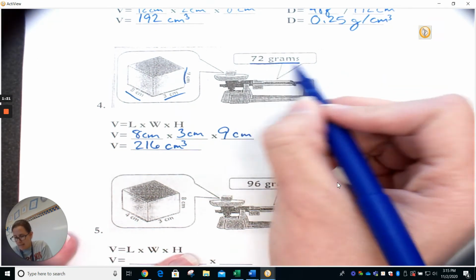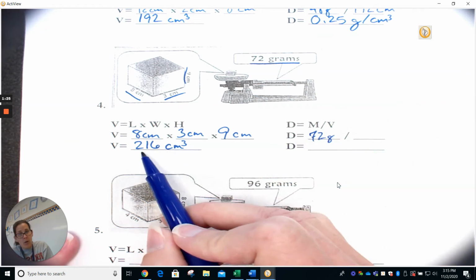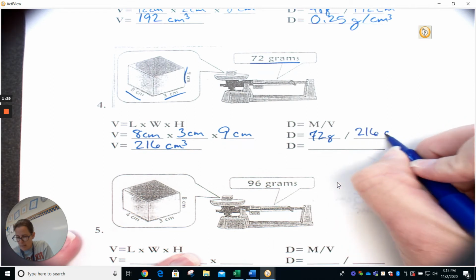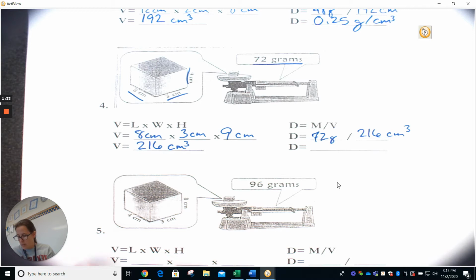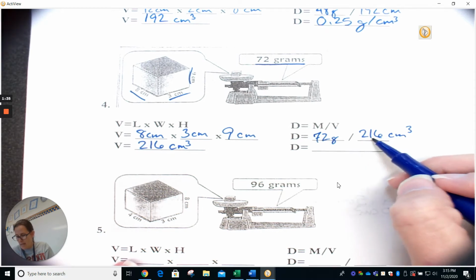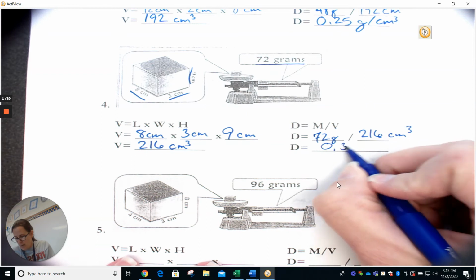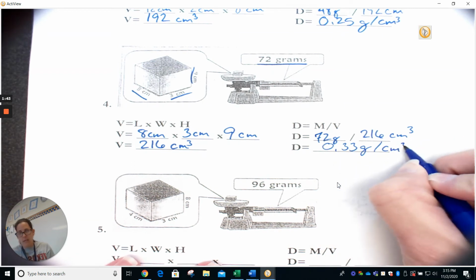Here's our mass, 72 grams. And here's our volume. We just figured that out. So 216 centimeters cubed. We plug that into our calculator, 72 divided by 216, and we get 0.33 grams per centimeter cubed.